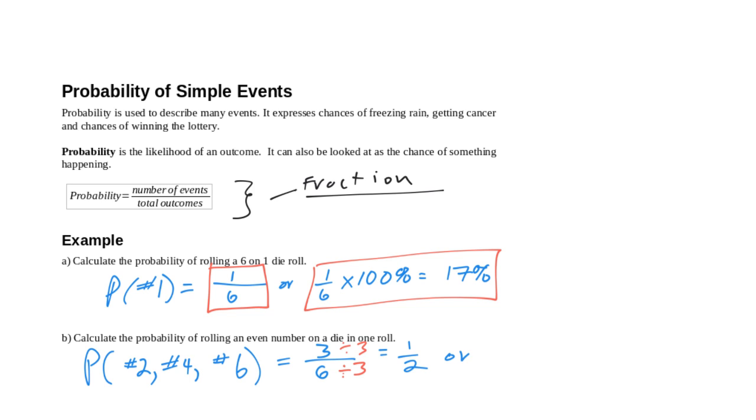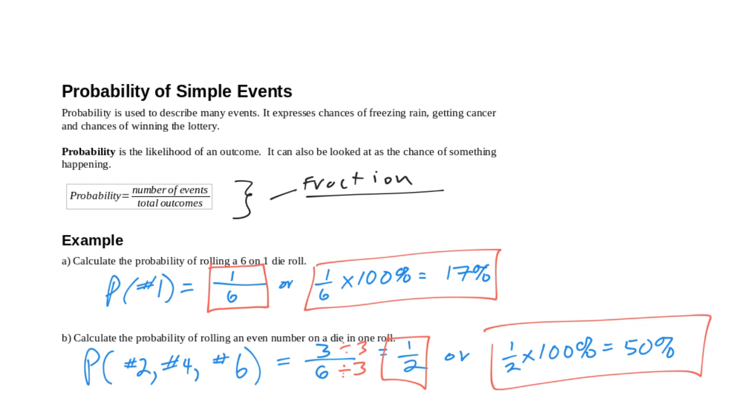Or you can write this as a percent like before. 1/2 times 100% gives us 50%, which is what we're looking for. So our answer could be 1/2, or you could write it as 50%. Now, a gentle reminder: 1/2 really means 1 divided by 2, and then we times it by 100%. Now let's move on to our final example of the day.